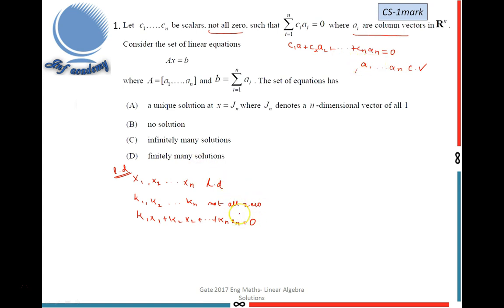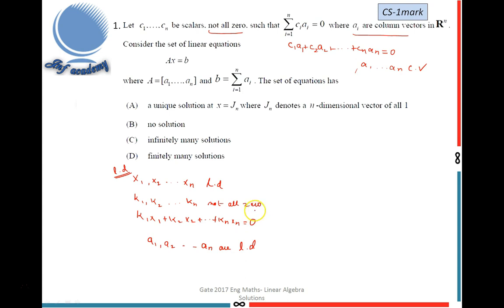By using that definition, we can say that C1, C2, etc., Cn are scalars, not all 0, and C1 A1 plus C2 A2 plus etc. Cn An equal to 0. Then A1, A2, etc., An are linearly dependent column vectors.